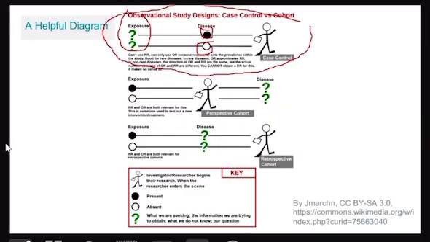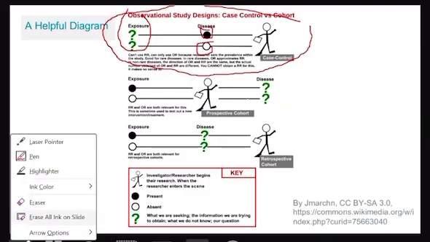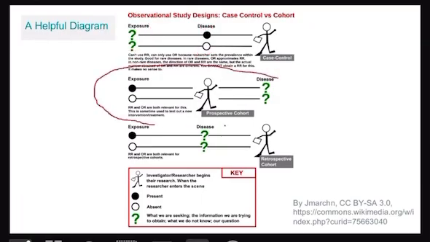Now, another thing in the image, if you take a look at this: the prospective cohorts. Right now, people are exposed. The black dots, some are exposed, like those who are currently smoking, in the case of looking at the effect of smoking on lung cancer, and some are not.